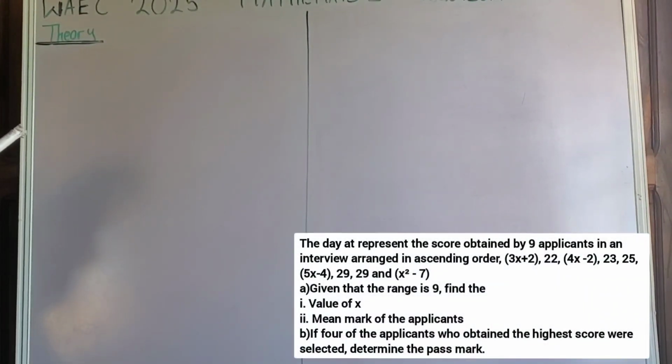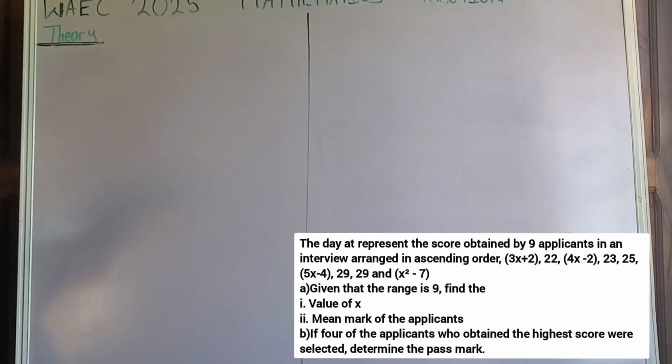The data represents the score obtained by 9 applicants in an interview arranged in ascending order. We have 3x plus 2, 22, 4x minus 2, 23, 25, 5x minus 4, 29, 29, and x squared minus 7.